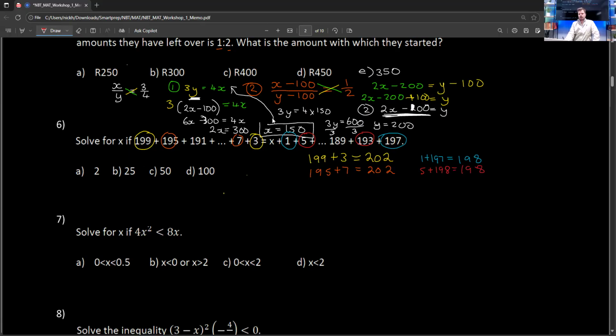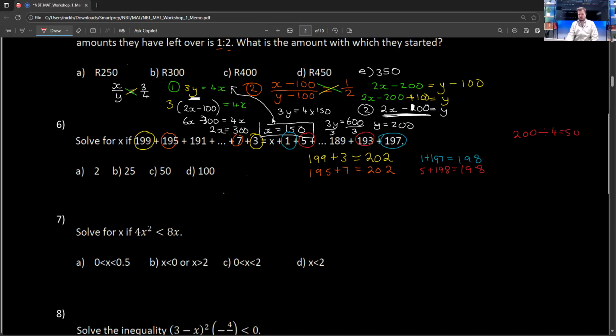Now you're also going to get 50 terms on this side, because if you go 1, 5, all the way to 197, you get 50 terms, since they are in multiples of 4 and 200 divided by 4 is 50. Now these are pairs, so each of these is 2 numbers.